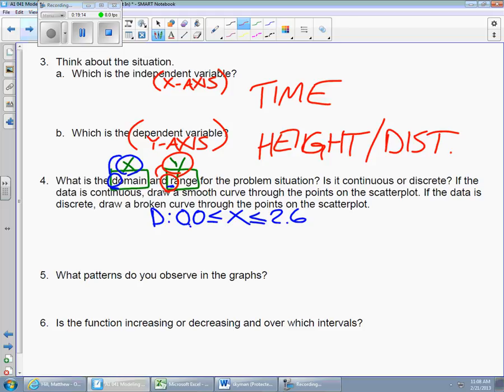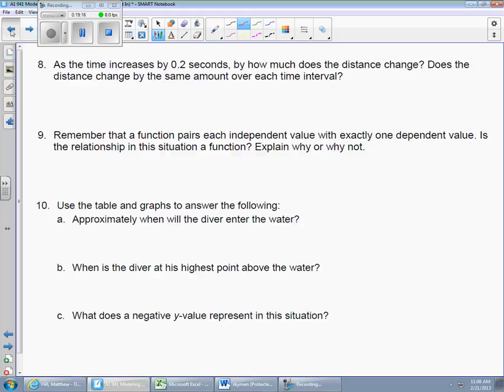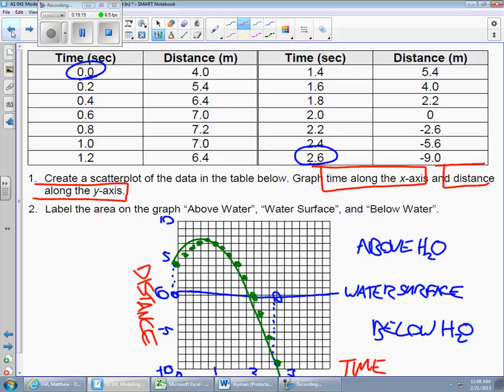We also have to answer for the range. Well, as I travel along the y-axis, where does the graph exist? Where does the graph first exist on the y-axis when you're coming up? It kind of comes into being right there when he is -9 meters down.